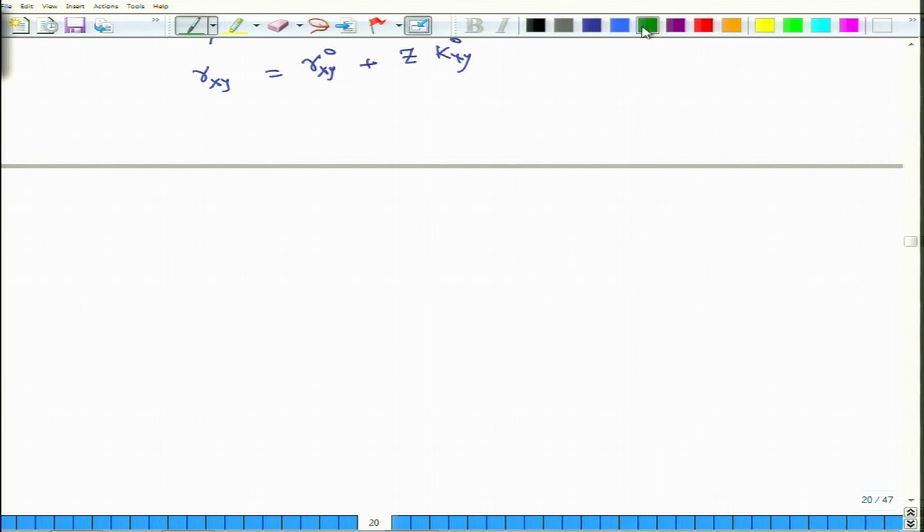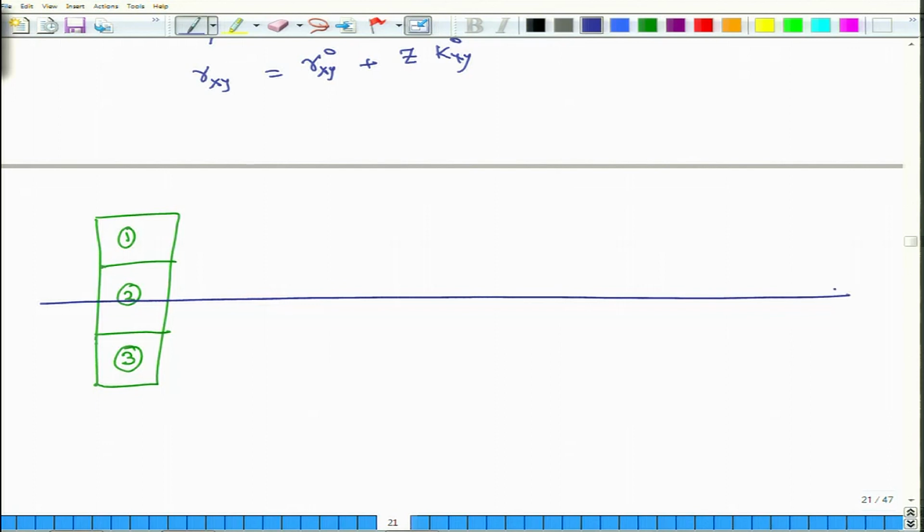So, again we will look at our laminate, and suppose it has 3 layers, layer number 1, layer number 2, layer number 3. Then across the thickness, we will find out how the strain is varying. So, in this case we will draw 3 graphs.